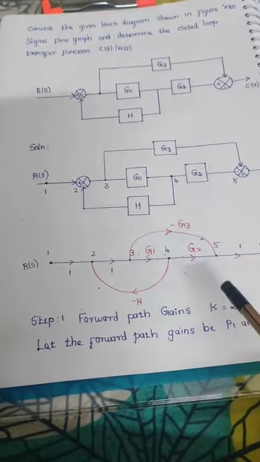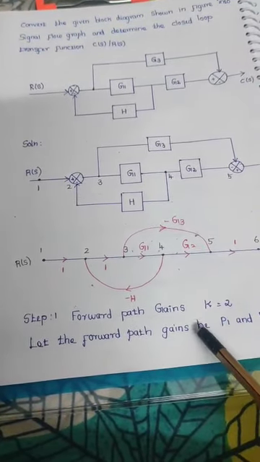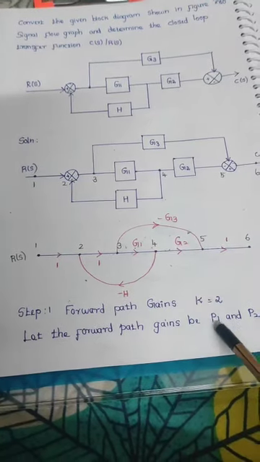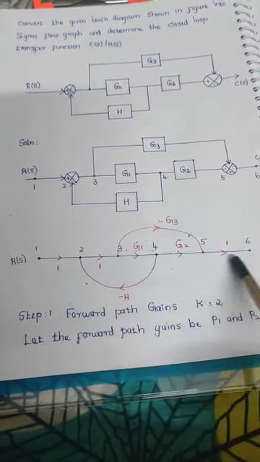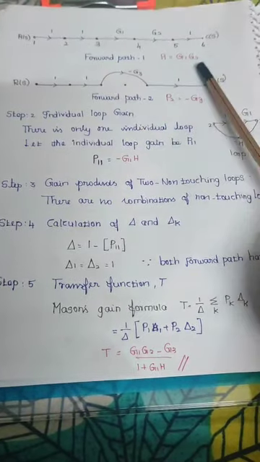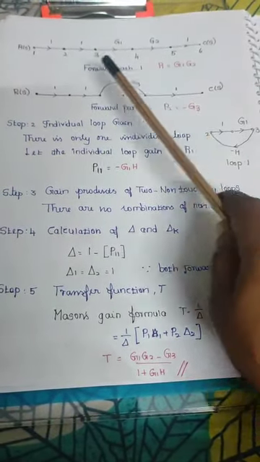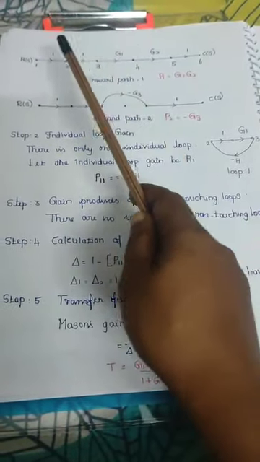Now we need the values for that forward path. The first forward path is P1 and the second forward path is P2. We separately redrew this diagram. So this is the diagram, forward path 1 and forward path 2. How will you find the values? We have the values which are present on the nodes.